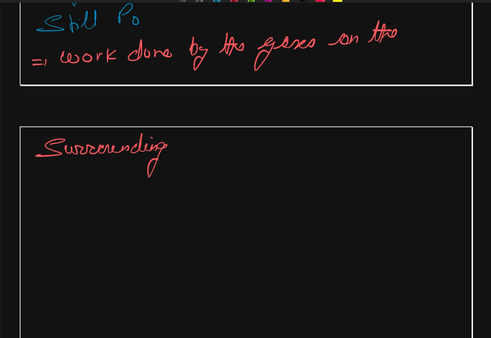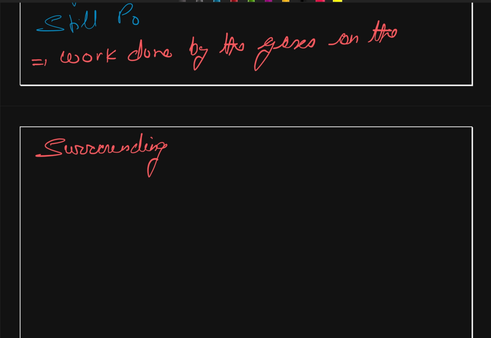Okay. So we can just write it as our work done W will be equal to our P naught, okay, this is volume final, and delta V, we can write this as our V final minus V initial.